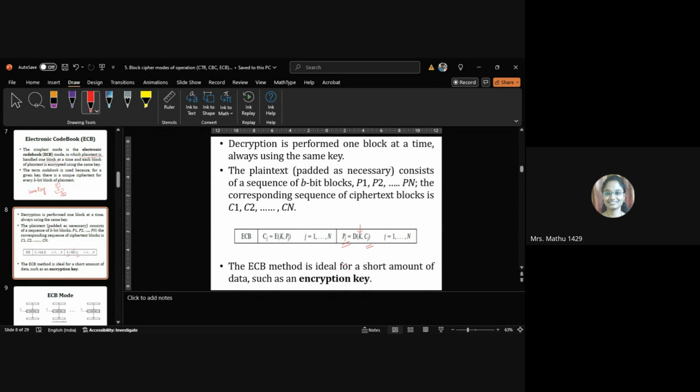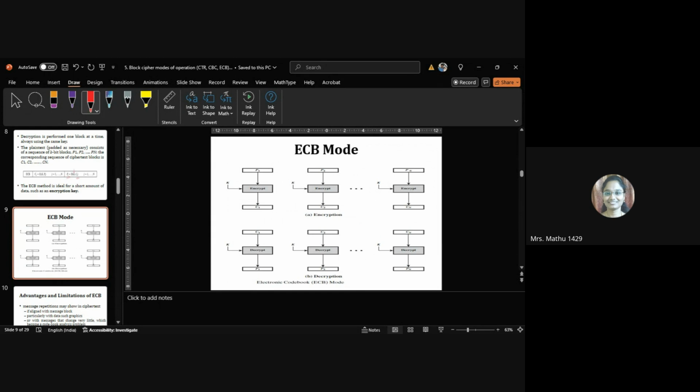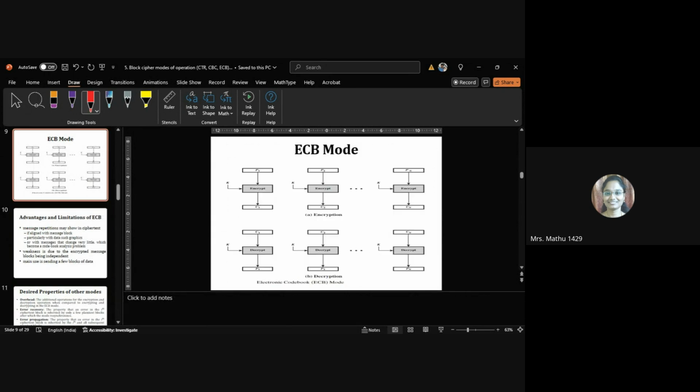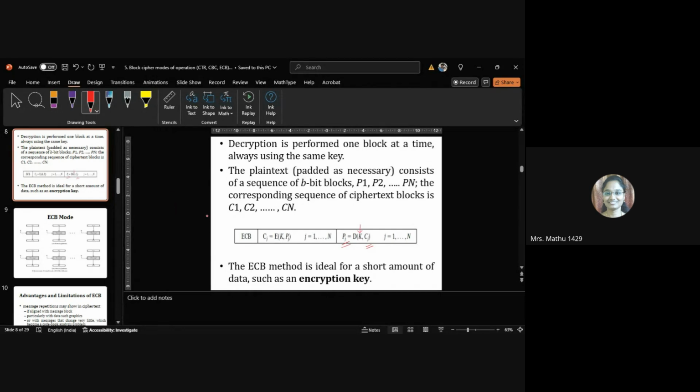Now this ECB method is the simplest method, and we cannot ensure much security because we use the same key every time. The problem is, for example, if you are using a message where some of the words are repeating.